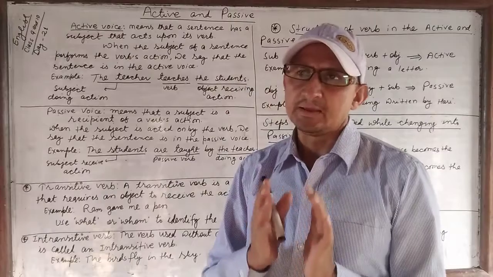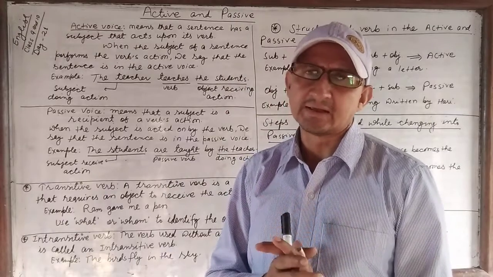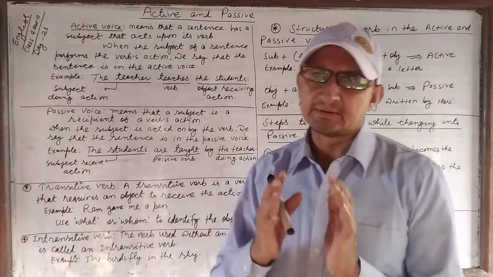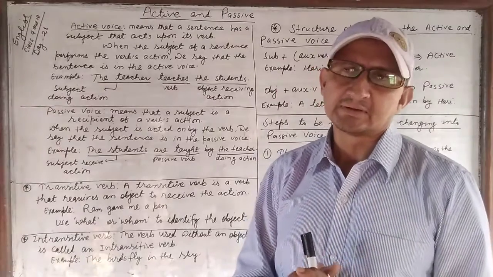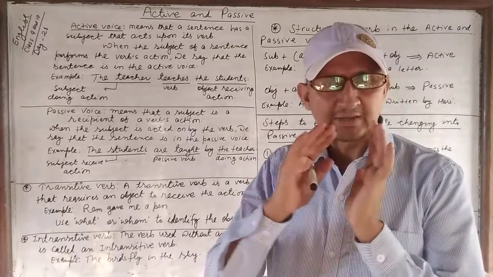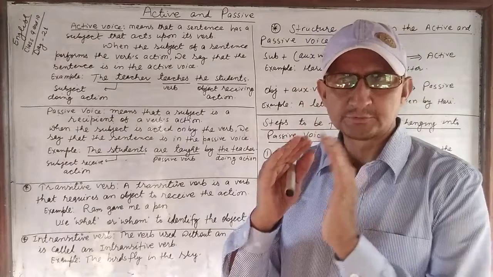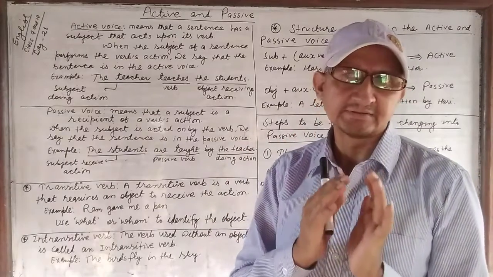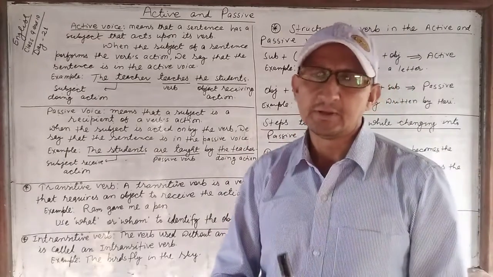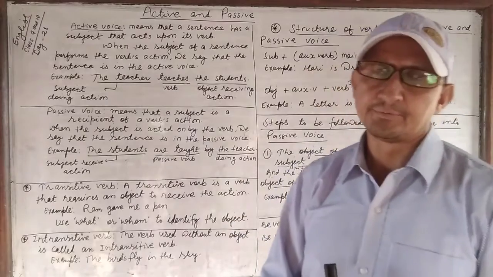Generally, an active voice sentence having a transitive verb can only be transformed to passive. A transitive verb can have both active and passive forms.